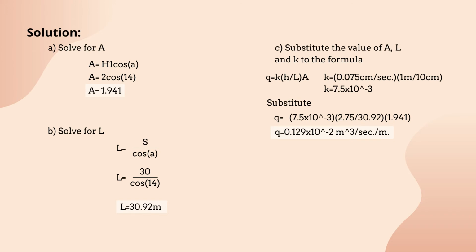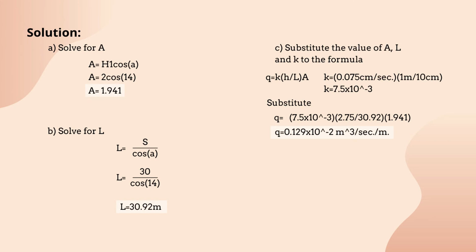Second, we need to solve for the L. Because it is slanting, we cannot solve for L directly, so we need to use geometry for this, and this will give us the formula L is equal to S over cosine alpha, where S is given as well as alpha.